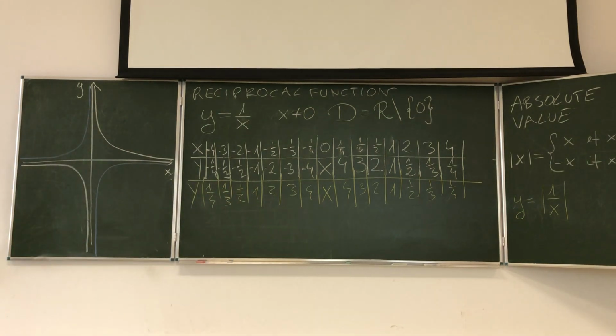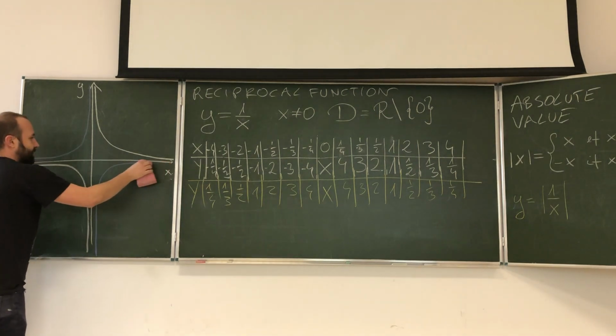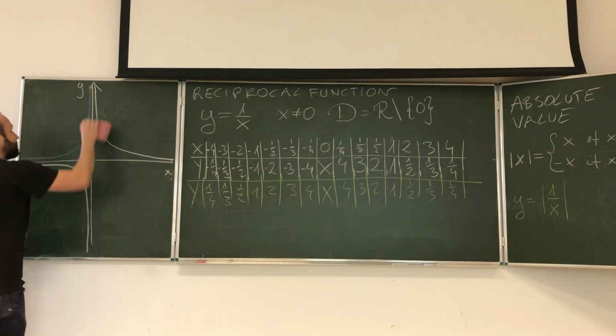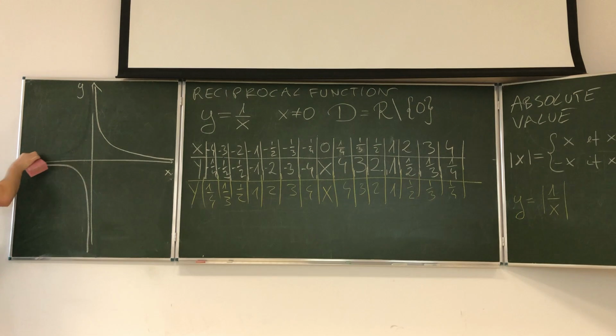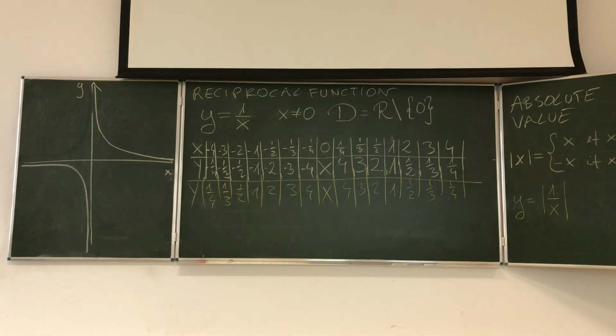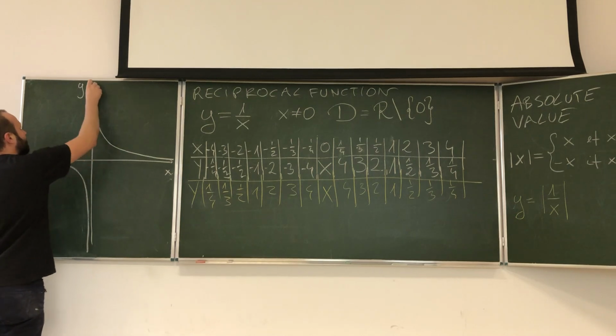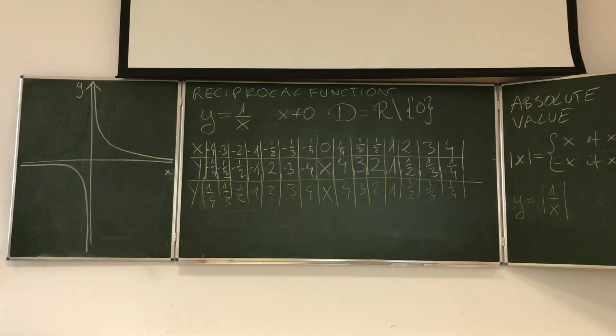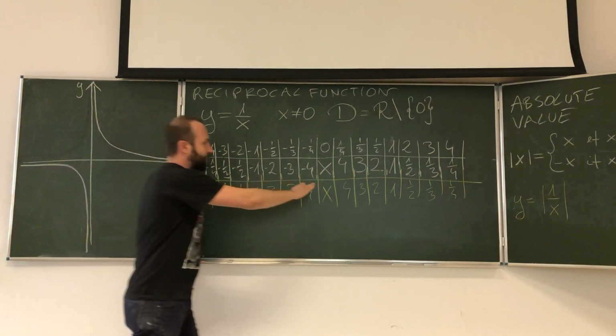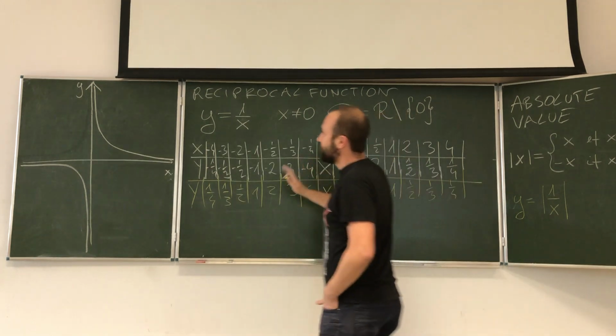Okay, now we can put this on the graph, right? This is our original function, 1 over x, and a mirror. And so what should be happening over here? First, this part, as you see, has not changed at all.